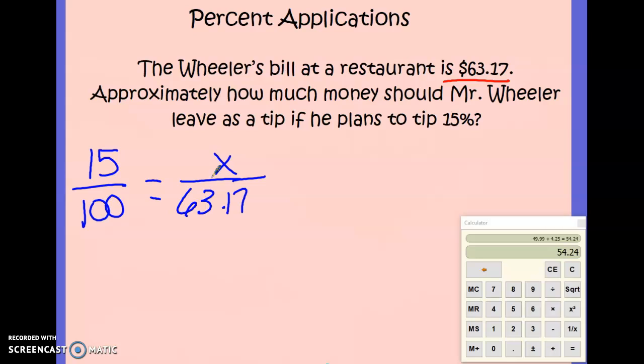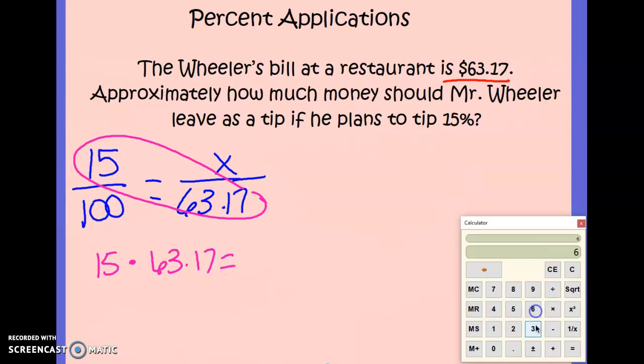Okay, now again, we're going to cross multiply. 15 times 63.17, that's 947.55, divided by 100.